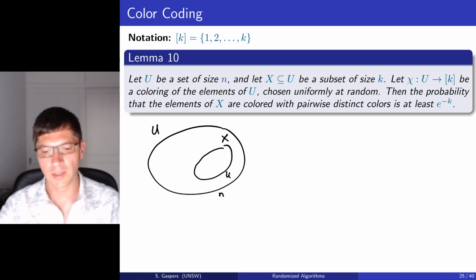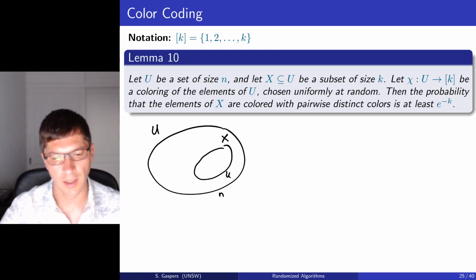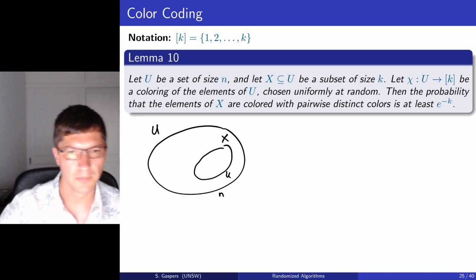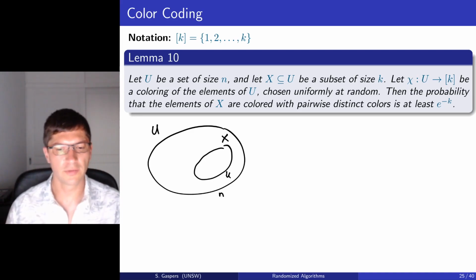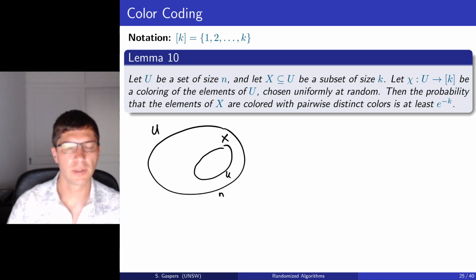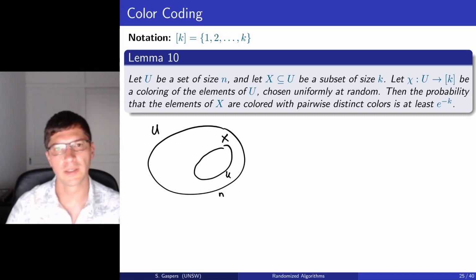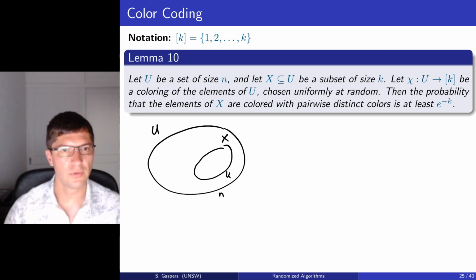We are now going to color the elements of U with colors from 1 to k. And we are going to choose this coloring uniformly at random. So every element of U gets a random color between 1 and k.